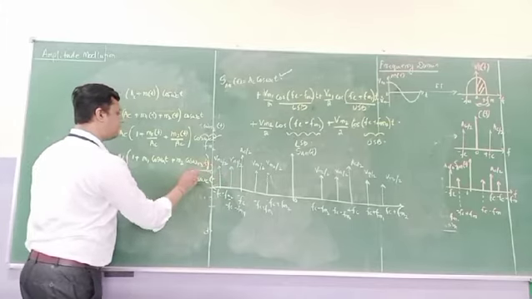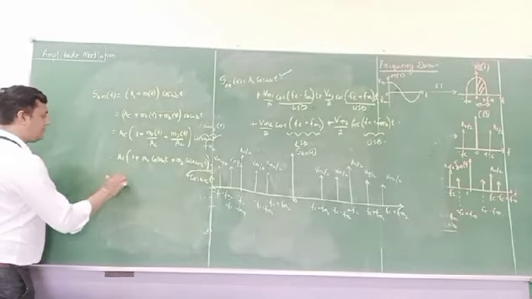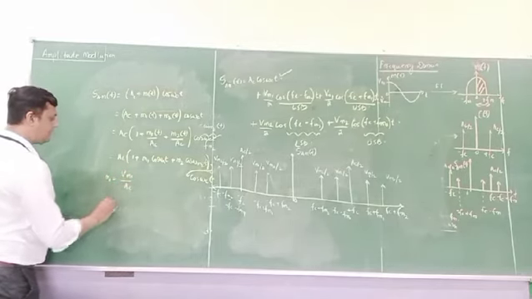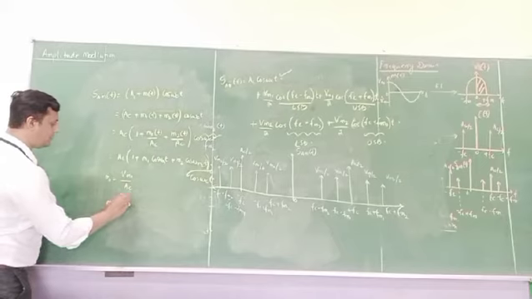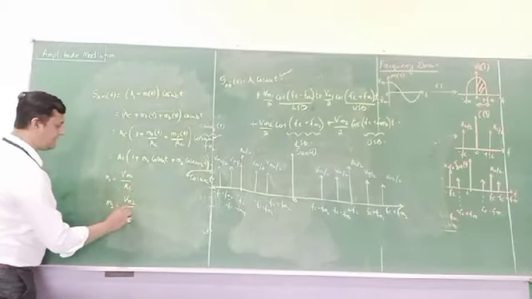Now what is m1? m1 is Vm1 by AC. What is m2? m2 is the modulation index of the second modulating signal.